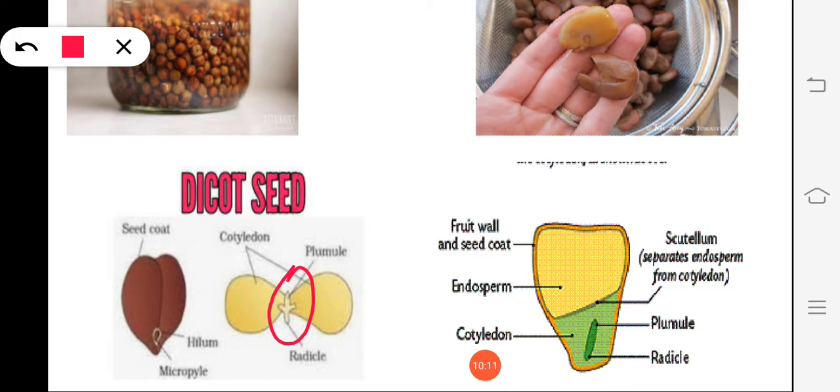The center part is called embryo. And the embryo has two parts, radicle and plumule. The radicle develops into root and plumule develops into shoot. The cotyledons store the food for the seed.